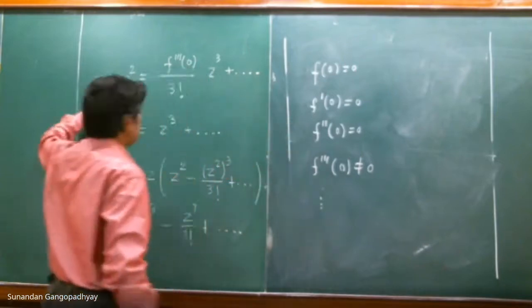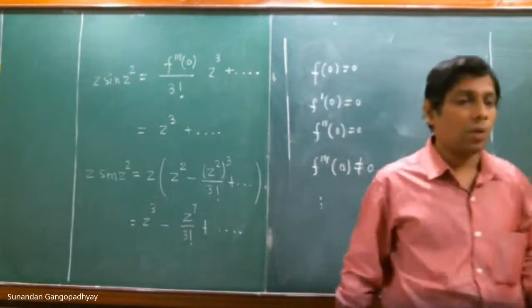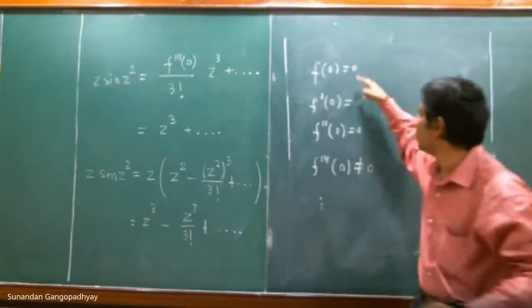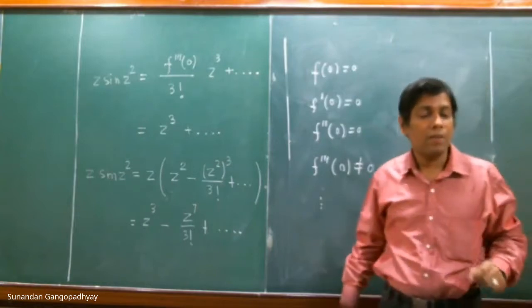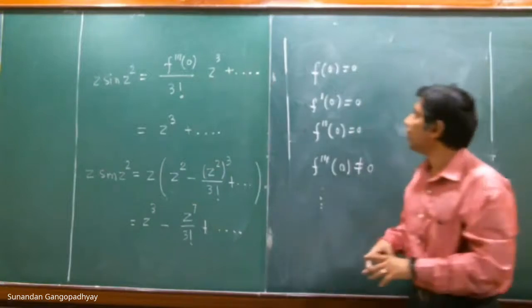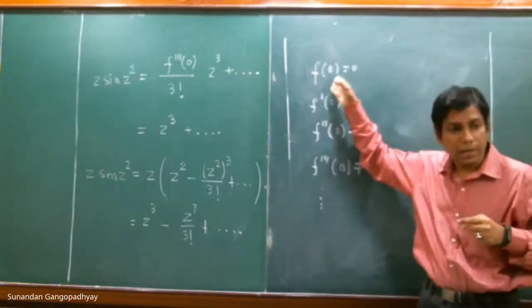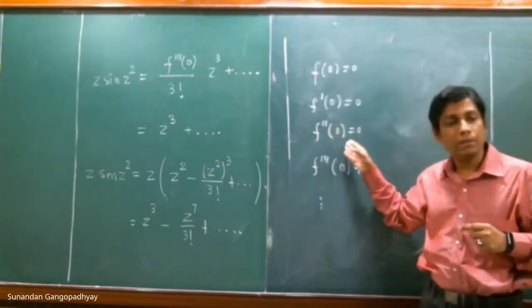So this function z sine z square is said to have a zero because the function is 0, the derivative is 0, and so this function is said to have a zero of order 3. Why? Because the function itself is 0 at the point, the first derivative is 0 at the point, the second derivative is 0 at the point.